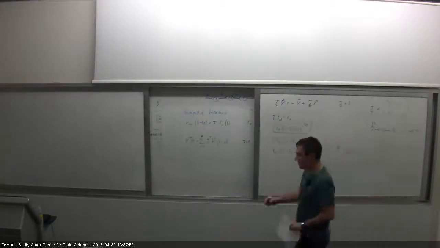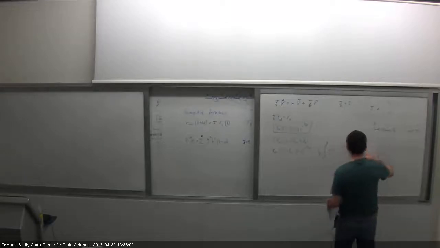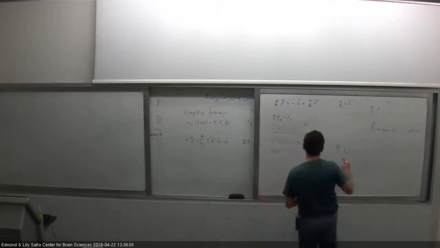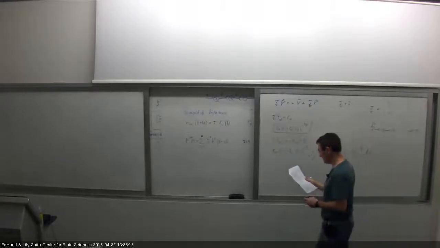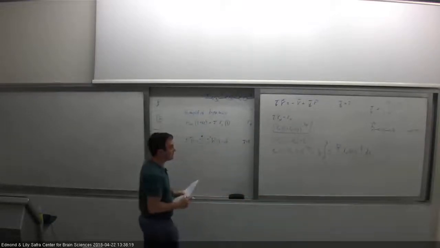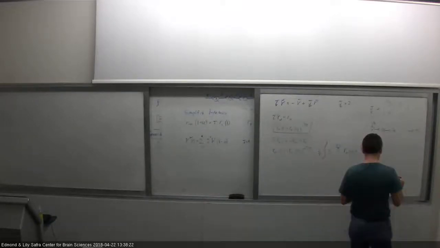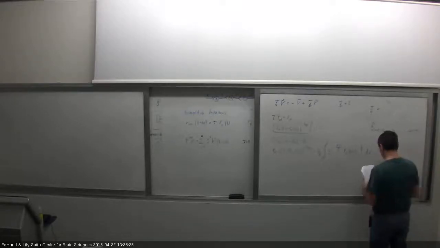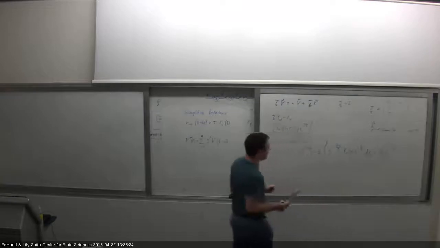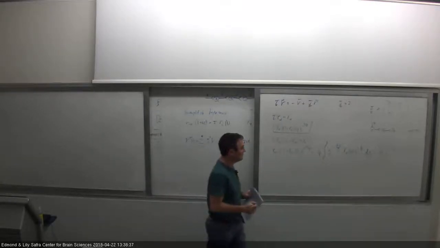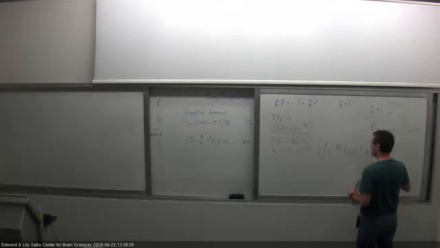And we can replace the Rn of s with Rn of 0 times e to the minus s over tau, and if we do the integral, the result would be t over tau e to the minus t over tau.